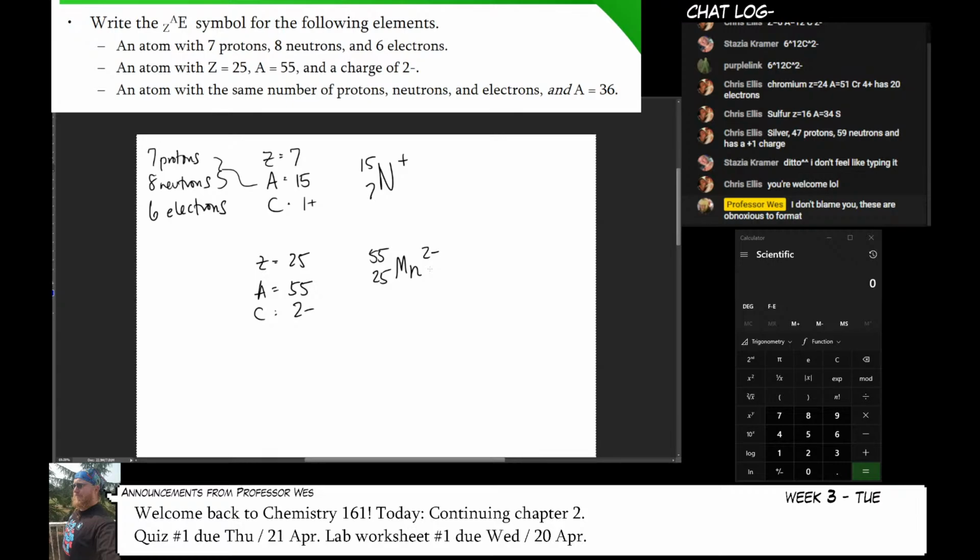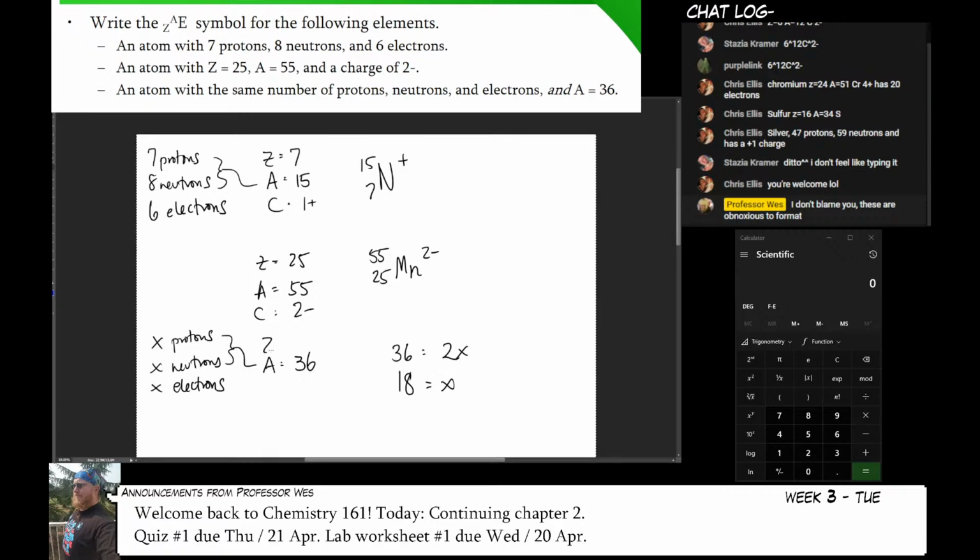All right, an atom with the same number of protons, neutrons, and electrons, and A equals 36. I know that A is 36. A is the sum of protons and neutrons. So that means this must equal that, and therefore X is 18.